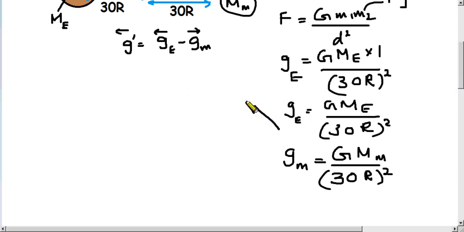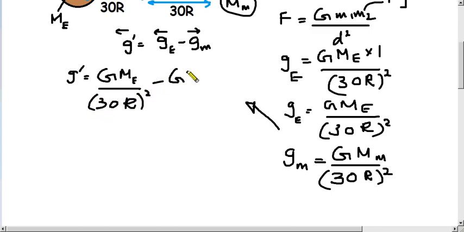Now let's go to this equation again. G dash equals g E, which means capital G M earth divided by 30 r squared, minus G M moon divided by 30 r squared.